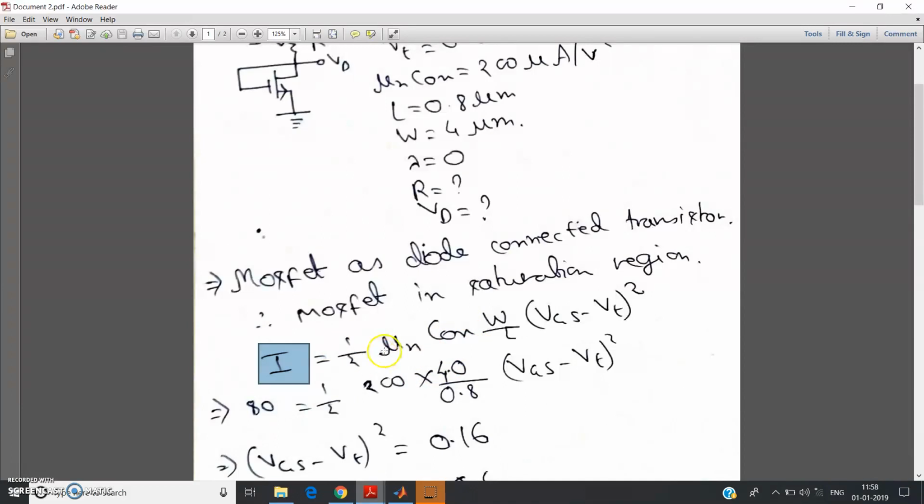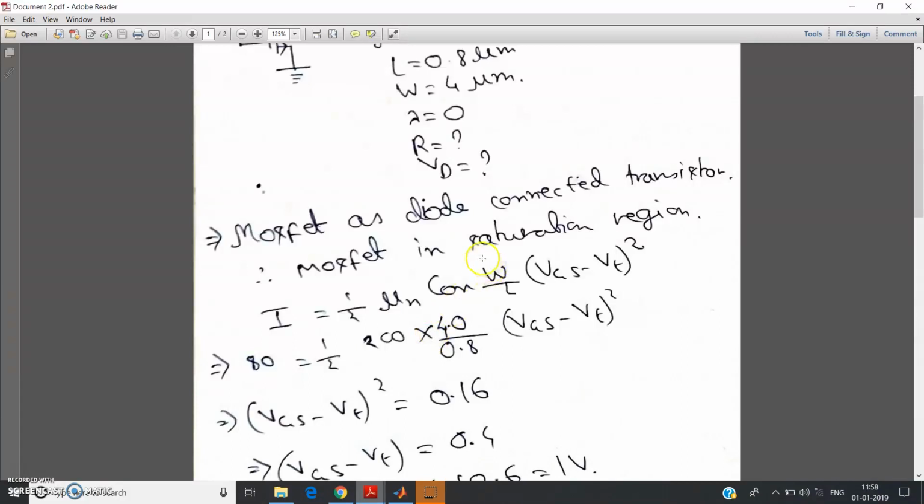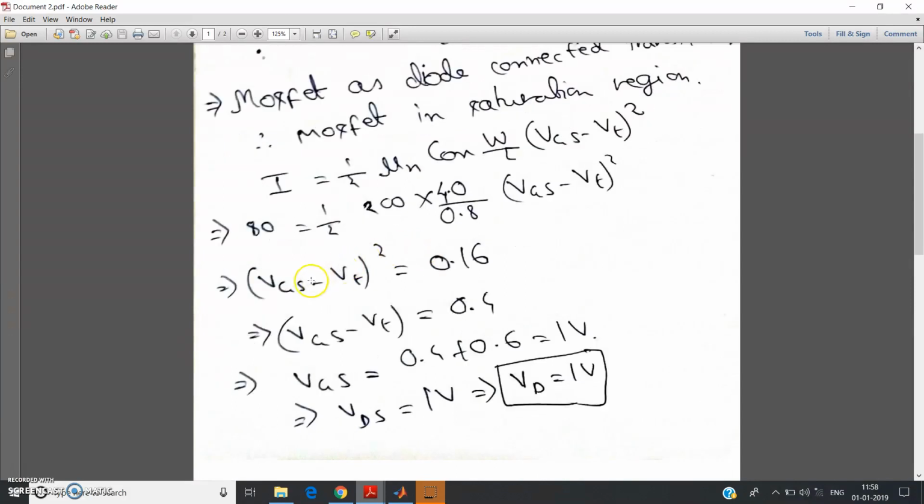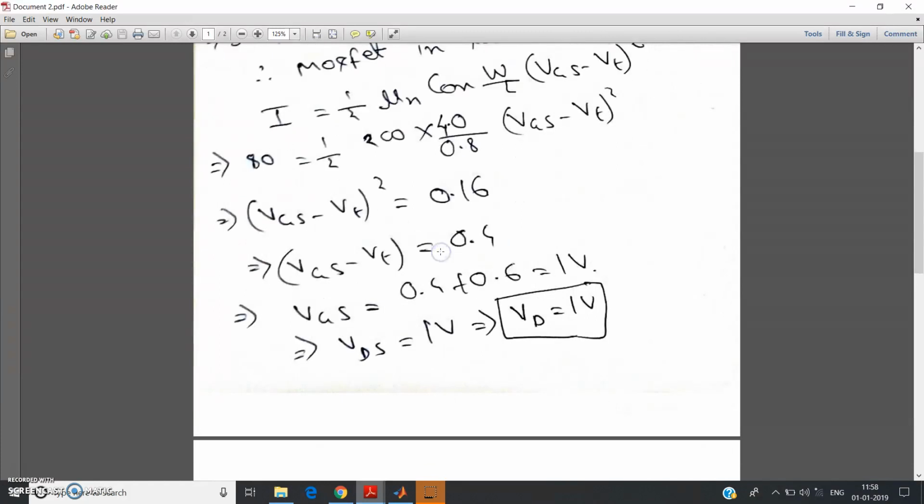I is in microampere and mu n into COX is also in microampere per volt square, so micro will cancel. No need to think about the 10 to the power minus 6 conversion. Now W is 4 micrometer and L is 0.8 micrometer. Substitute that into VGS minus VT whole square. By simplification, we get VGS minus VT whole square as 0.16, so VGS minus VT is 0.4.